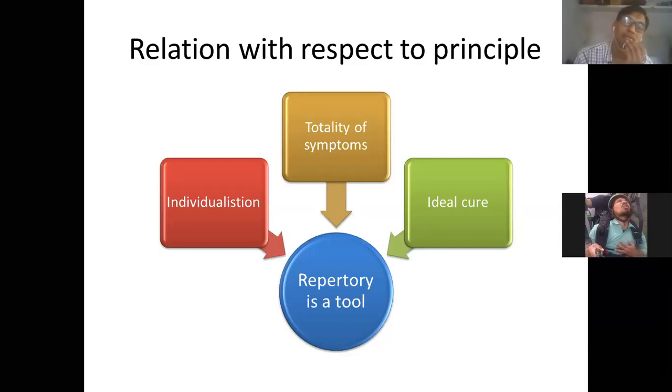But this word, totality of symptoms, has been explored and made more practical by the various authors of repertory. And accordingly, aphorism number 7 writes just two lines: the totality of symptoms is the outwardly reflected picture of the internal essence of disease.